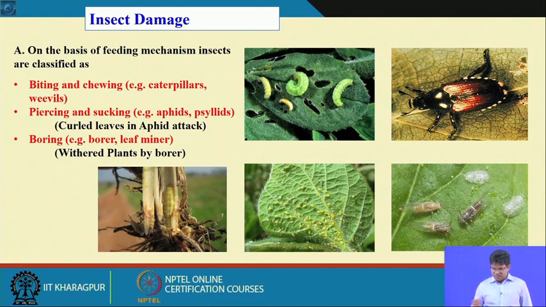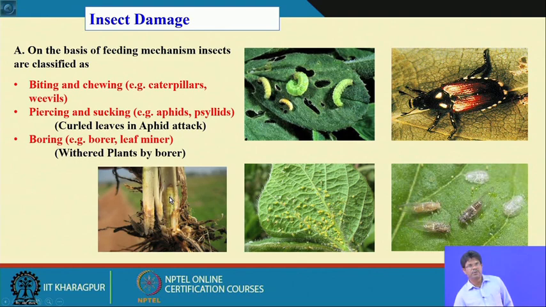The other type of insect is the borer, which makes bores or holes. Here you can see rice stubble, the rice stem portion, and this caterpillar is a stem borer.